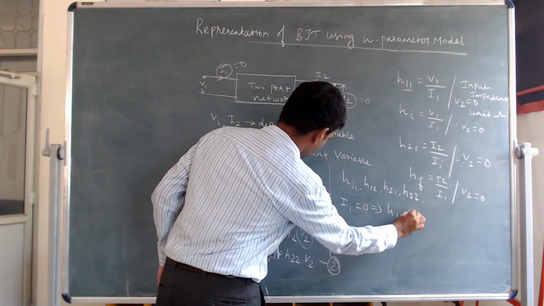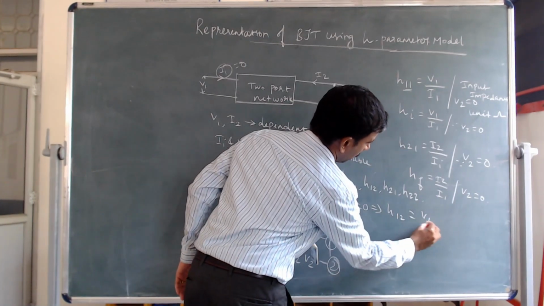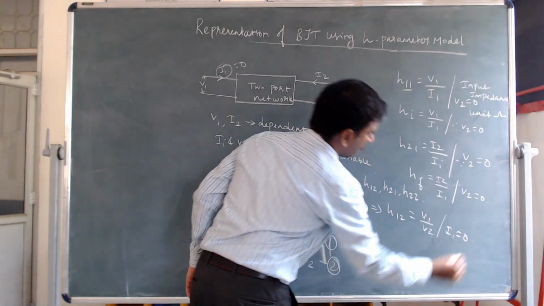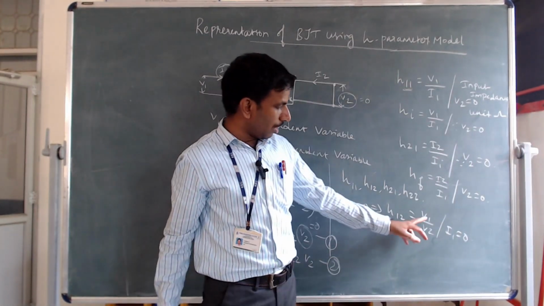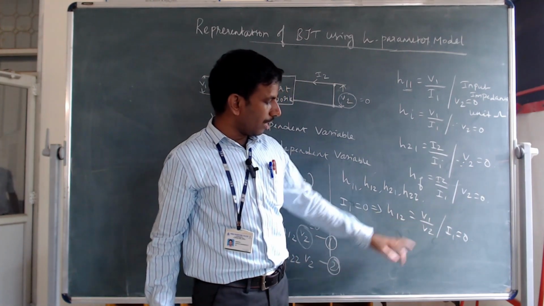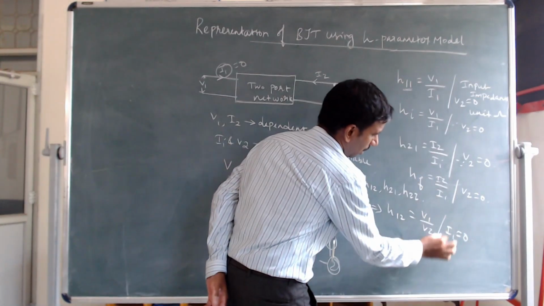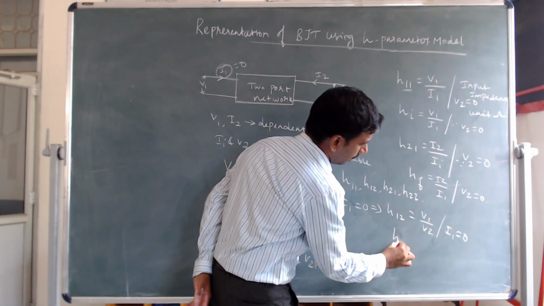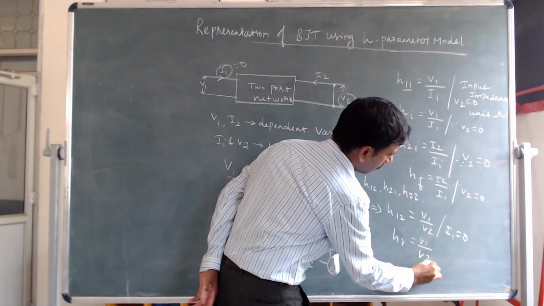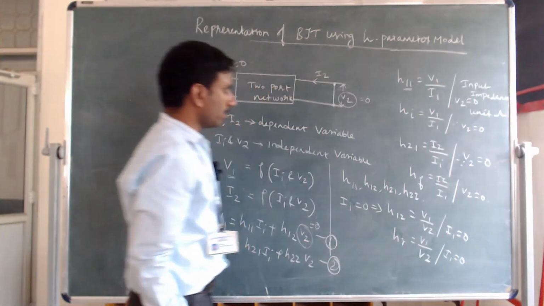So H12 is going to be V1 by V2, considering the input current I1 equal to 0. Here the ratio of numerator and denominator is the input voltage to the output voltage ratio. That is the reverse voltage gain, denoted by HR, which is V1 by V2 with the same condition, I1 equal to 0.